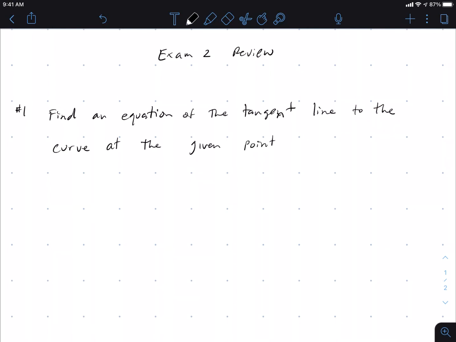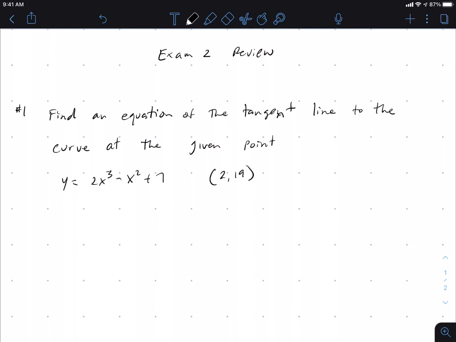Okay? And so the equation that I'm going to give is y is equal to 2x to the third minus x squared plus 7. And the point that's going to be given is (2, 19), something like this.